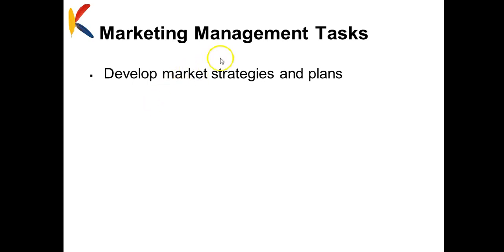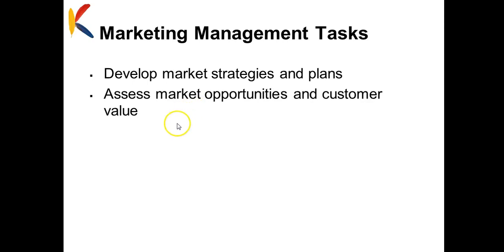So here it starts with making the plan and strategies for our marketing, and then while doing that we also assess the opportunities and the customer value, and then we analyze them, and then we find the suitable option for us, the suitable value that we can create profitably and offer in the market.